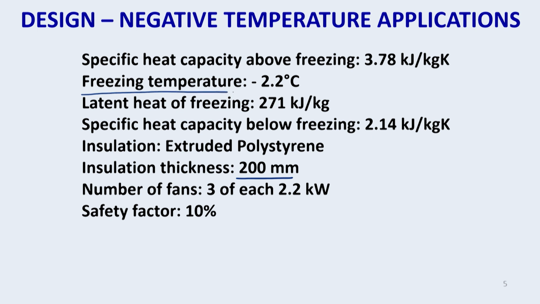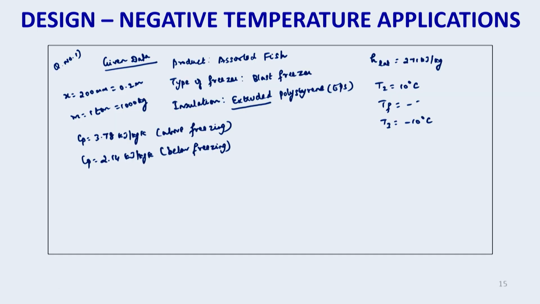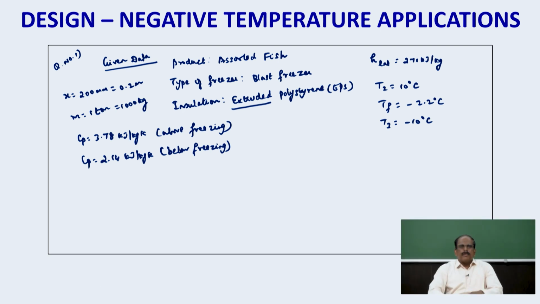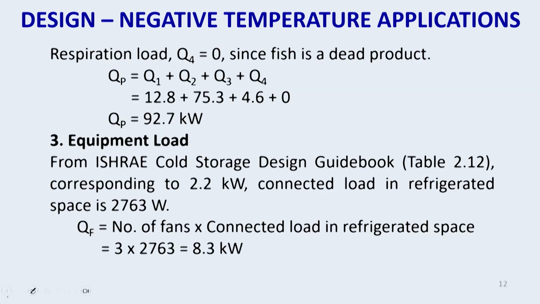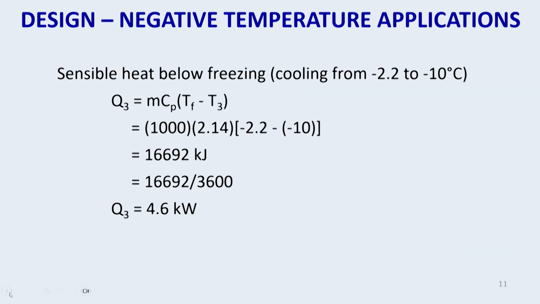Freezing temperature TF is minus 2.2. The T1 value, the initial temperature, is not given, so we assume the product temperature T2, which is the temperature after pre-cooling.